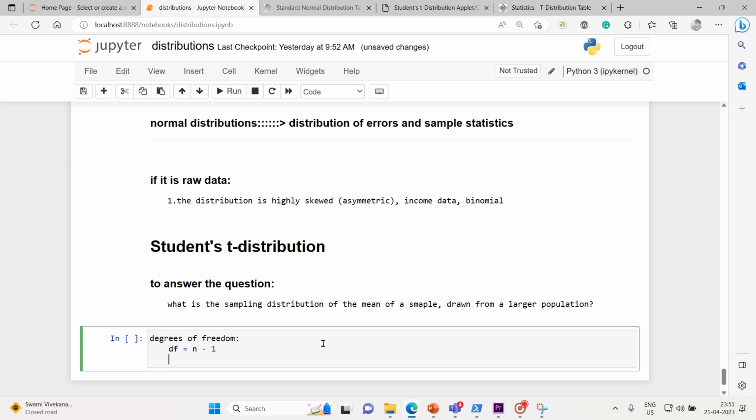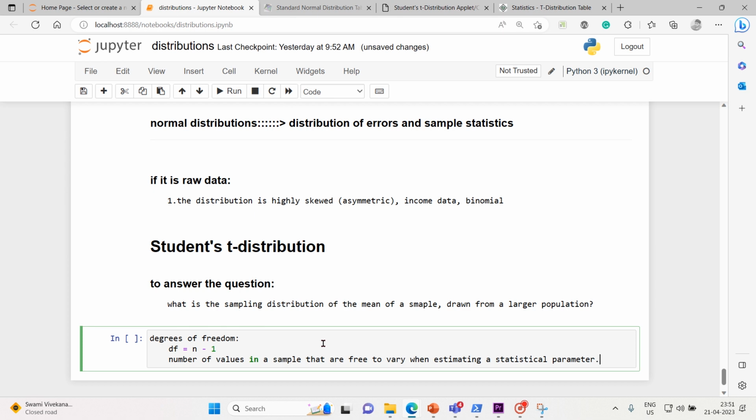So the term degrees of freedom, that's DOF or DF in statistics, refers to the number of values in a sample, of course a sample is a data set, that are free to vary when estimating a statistical parameter.